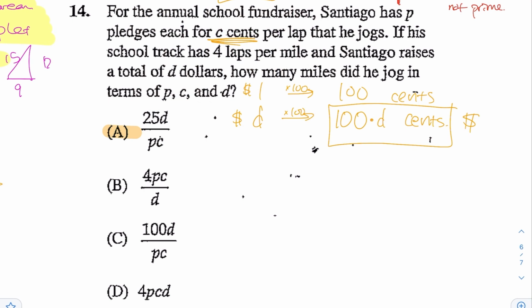Now he has P pledges for C cents per lap. And you know that 4 laps is equal to a mile. So 1 mile represents 4 laps, and he has C cents for each lap.